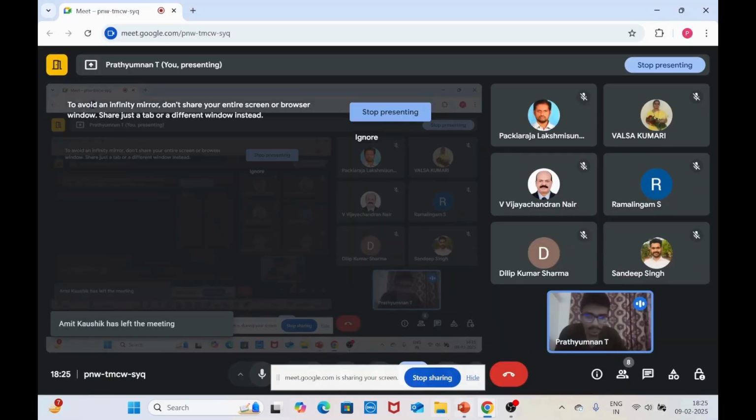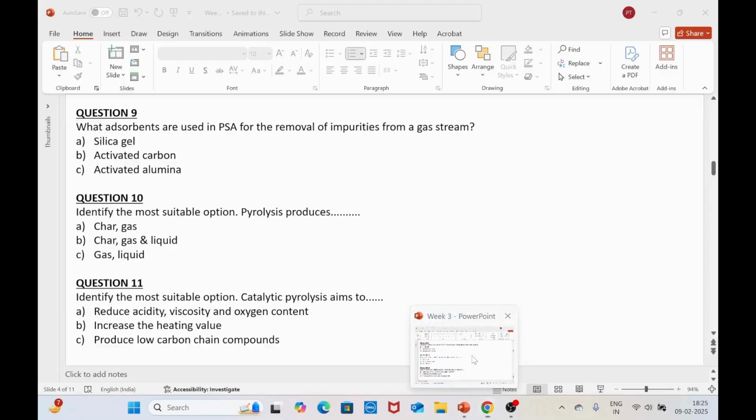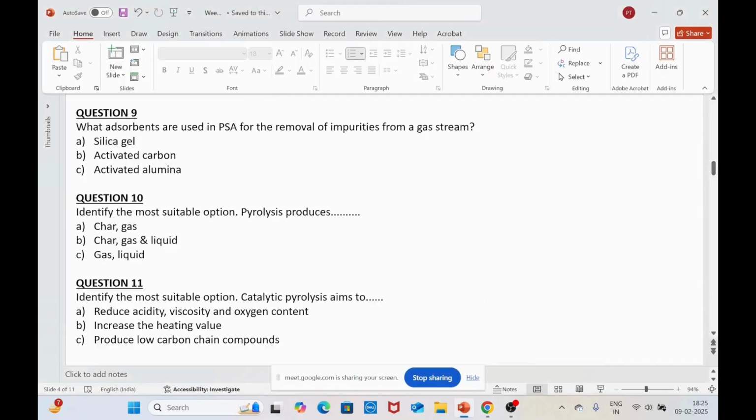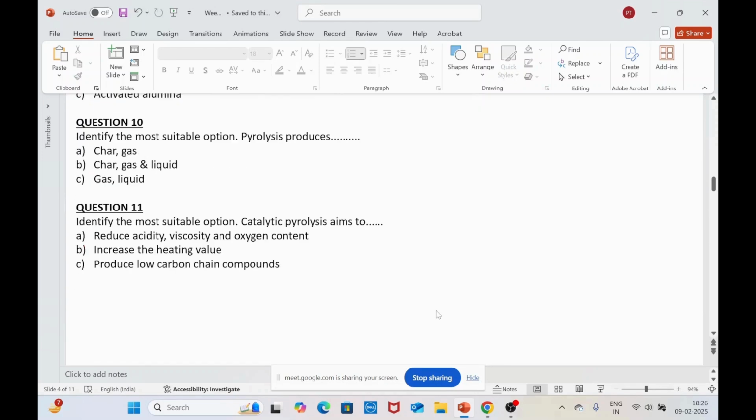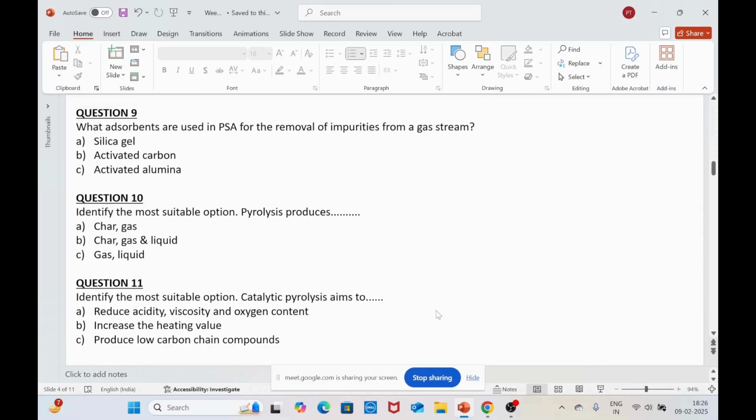Okay, no one. So we have these three options, a kind of multiple choice question, and then we will move forward to solving problems.